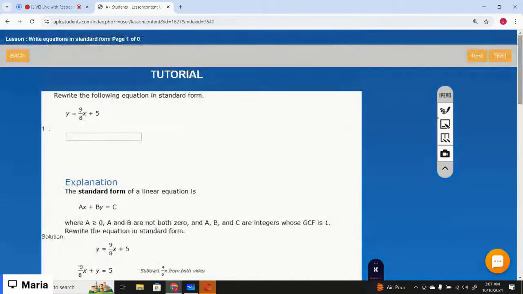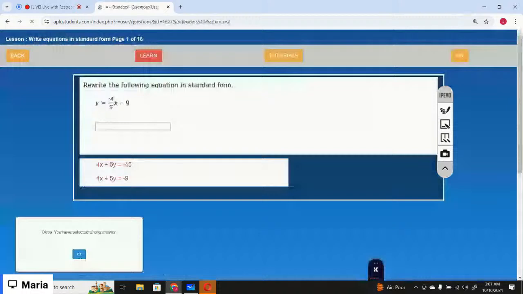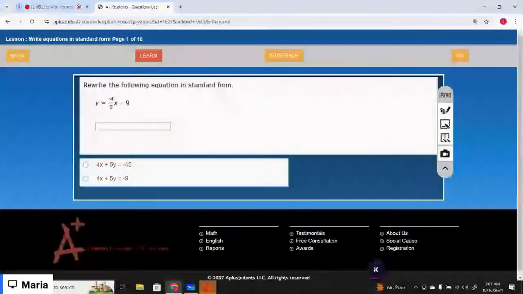Okay, let's just start with the test questions. Let's see how do we write down the equations in standard form. Okay, so let's just see how do we write this standard form.